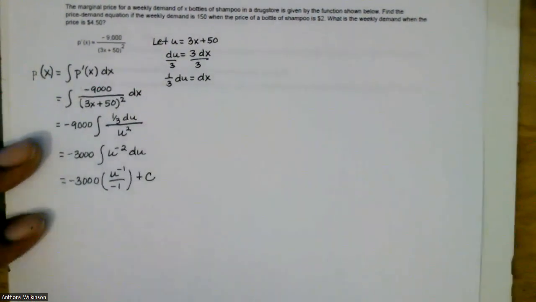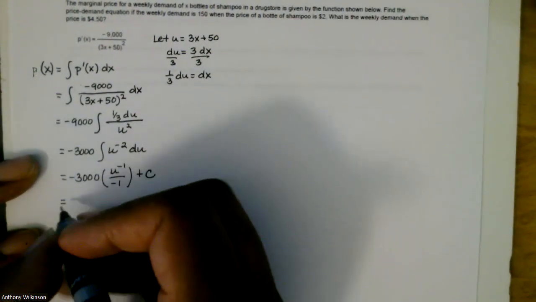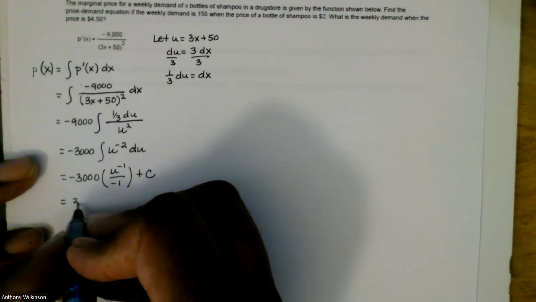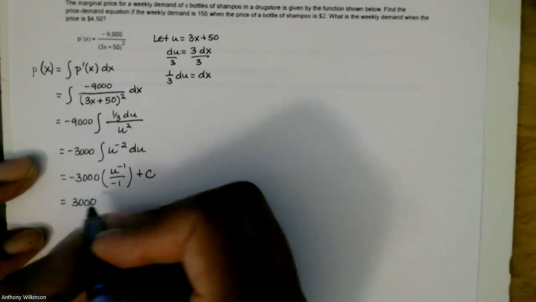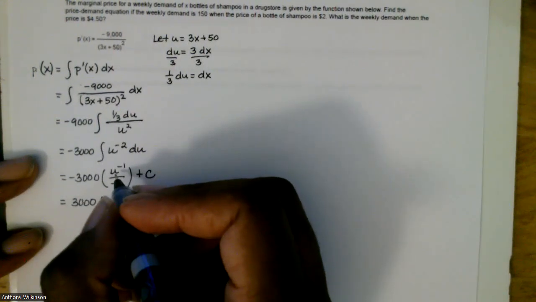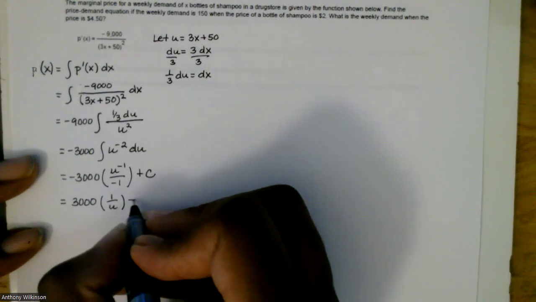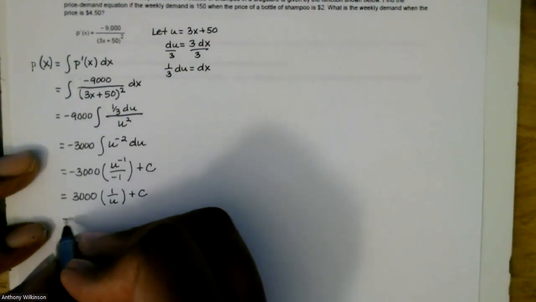And we're dealing with an indefinite integral, so we need to include the plus c. Now, the negative divided by this negative will be positive. So this will be 3,000 times the u to the negative 1 power. I can write that as 1 over u to the positive 1. So it'll be 1 over u plus c.